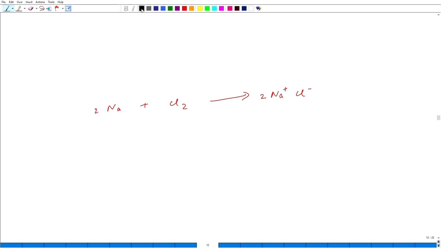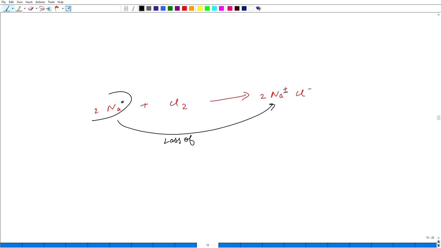Now, see this Na, what is the charge on Na? 0. What is the charge on Na here? Plus 1. That means one Na is losing one electron. It is going from 0 to plus 1 charge. Loss of how many electrons for one sodium? One sodium is losing one electron.